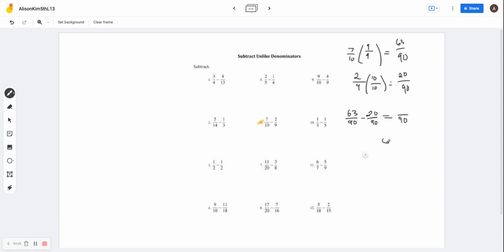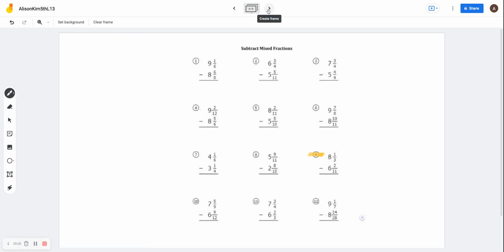And then we do 63 minus 20. 3 minus 0 is 3. 6 minus 2 is 4. So our answer would be 43/90. And you don't need to simplify this because it's already simplified to its max. Or you can simplify it further.